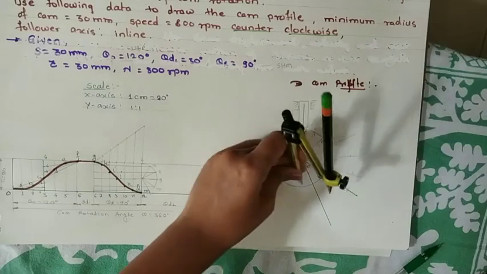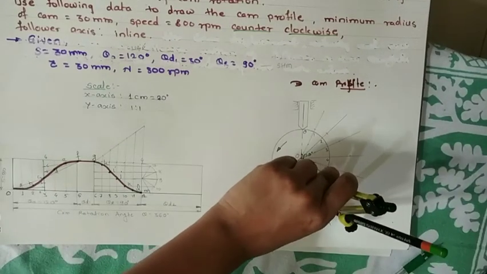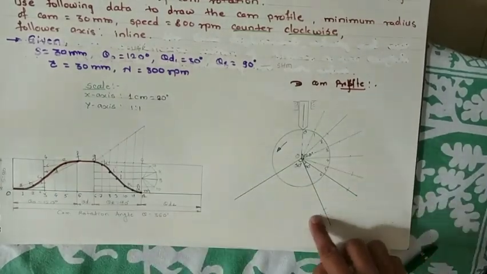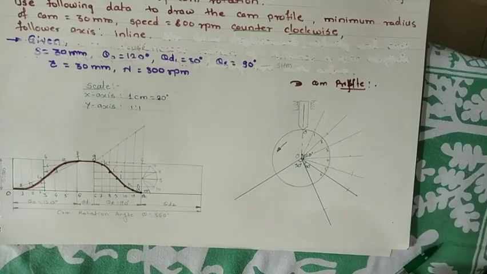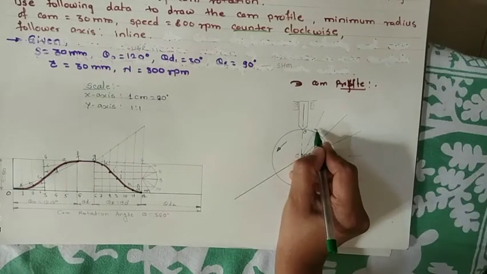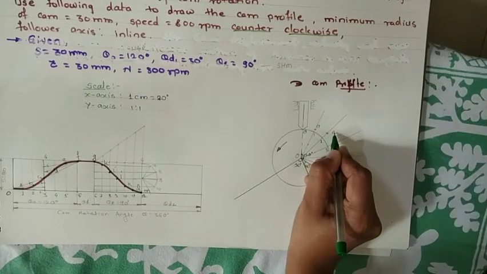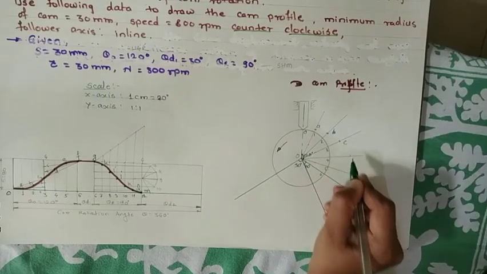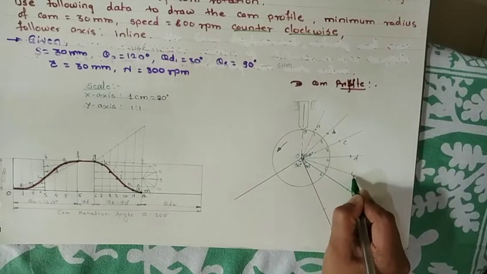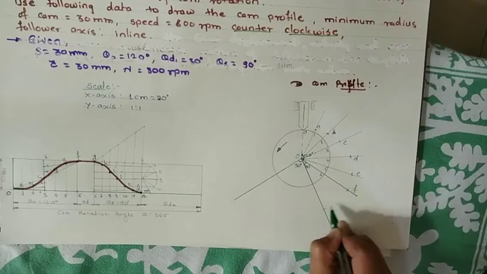So again from this point, the same point is there. So here we have the points A, B, C, D, E, and F.